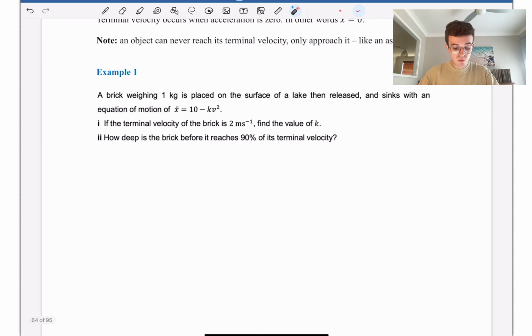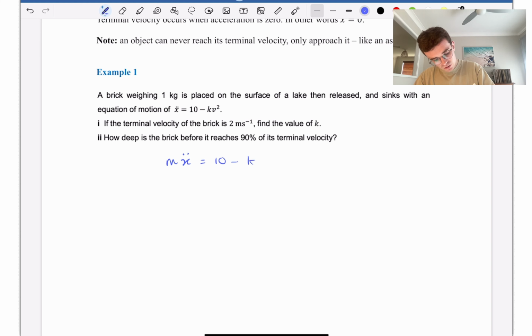Something really important with this is if your equation of motion, specifically your equation of acceleration, is given, you're not going to prove it. Sometimes we might want to prove objects like this. We say mx double dot is equal to 10 minus kv squared. And then we're going to divide by the mass, 10 on m, minus k on m v squared.